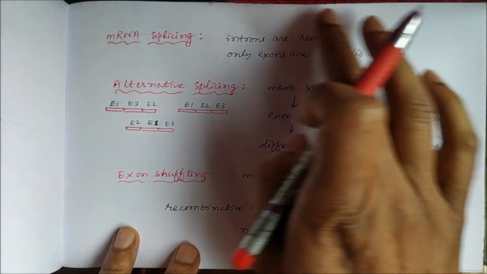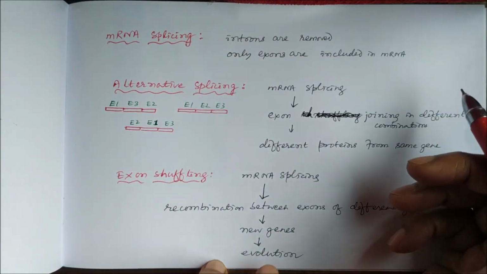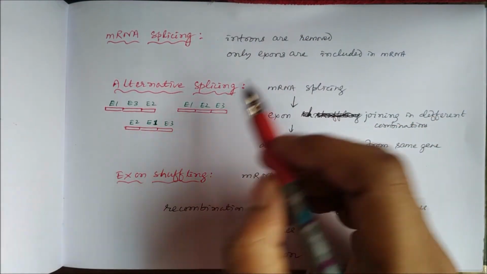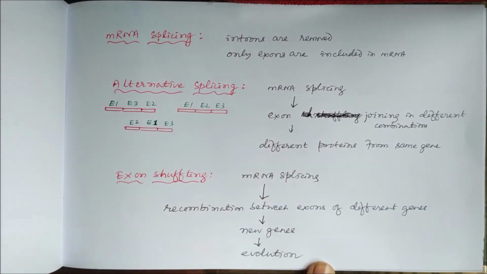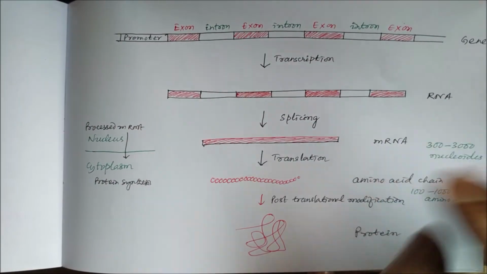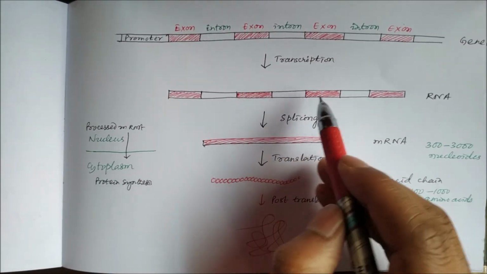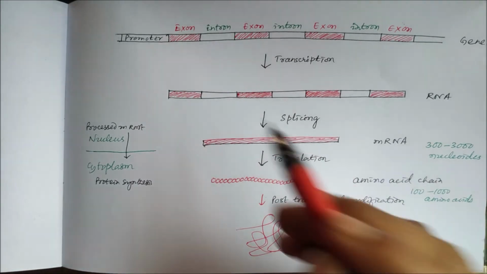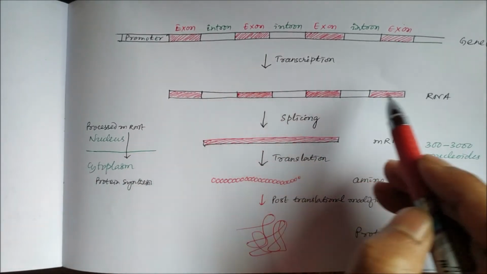Then what are the applications? One application is alternative splicing. What is alternative splicing? So after mRNA splicing, suppose we have 4 exons, say E1, E2, E3, E4.